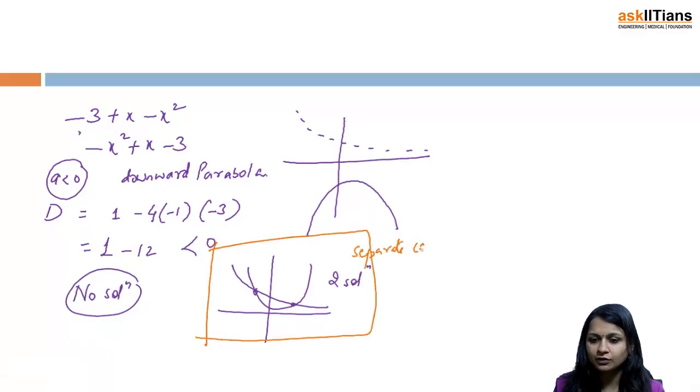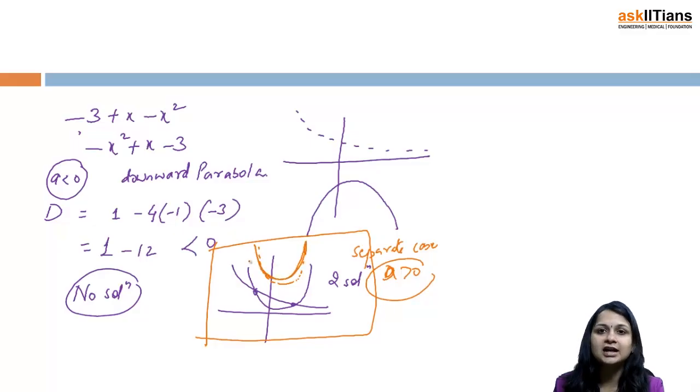In that separate case, a should be greater than 0; that is most important. The discriminant D may even be greater than 0, whatever, no problem. But it would also be possible that a is greater than 0 and the discriminant is less than 0 and the graph is just above the x-axis like this. In that case I will have no solution.